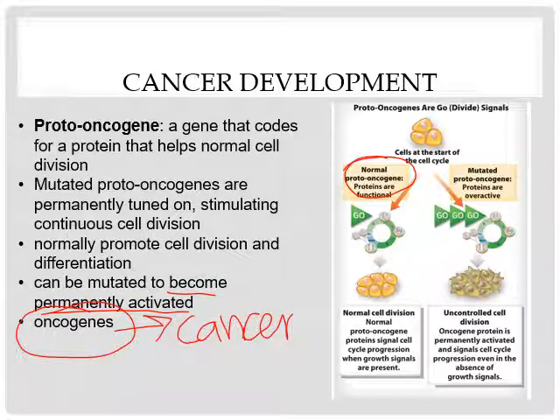Okay, so you know if you have cancer, you go to see an oncologist, right? So oncogene is cancer, proto-oncogene, everyone has, that's our accelerator, that's our go signal that tells us to normally divide and go through cell division like normal. If it's permanently turned on, that's where we call it an oncogene, and that is cancer.